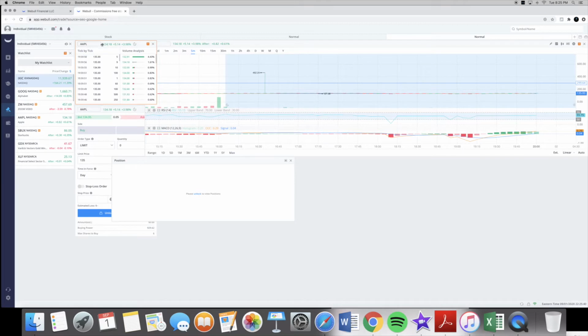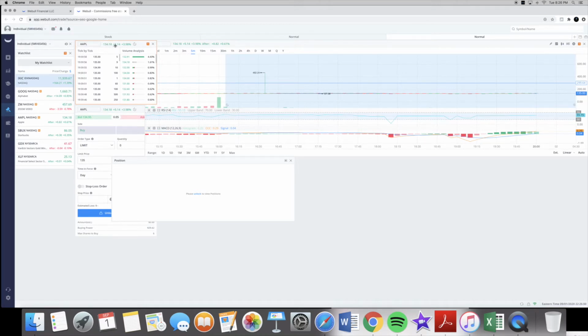Now, what's the number next to it? The number next to it is the current price for the stock. Usually what this means is that the last time somebody bought some shares of Apple, that was the price.